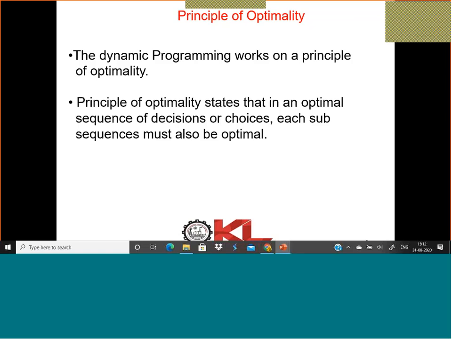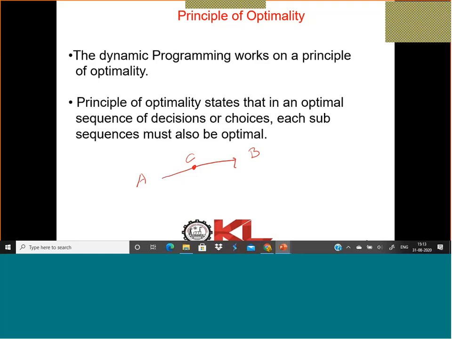The meaning of the principle of optimality is this. Let us take a general example: from city A to city B via city C. Suppose the distance, or the cost, from city A to city B via C is an optimal one.